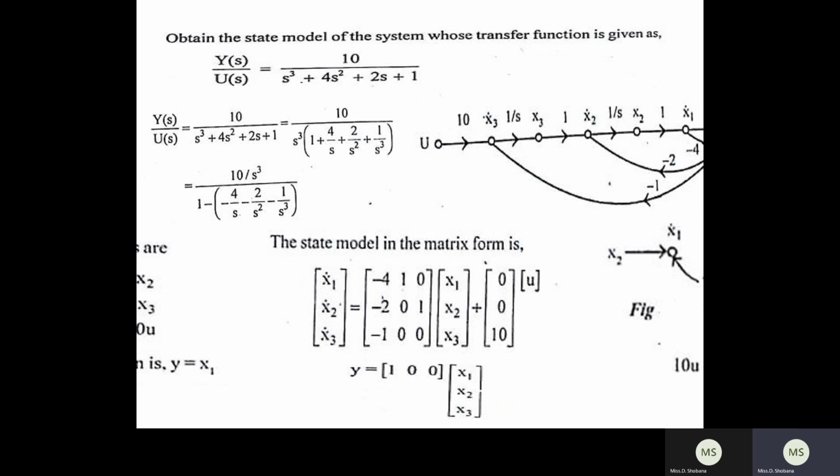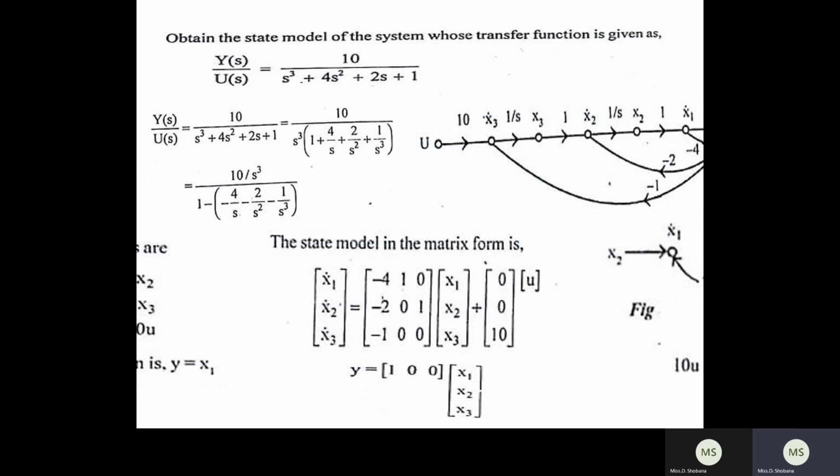The integration branch gain will be 1 by s. In between, you can write unity branches or transmittances. After that, branch gain 1 and then 1 by s is inserted, and after that 1 will be chosen. Like that, draw the signal flow graph, and then you can write the state equations.